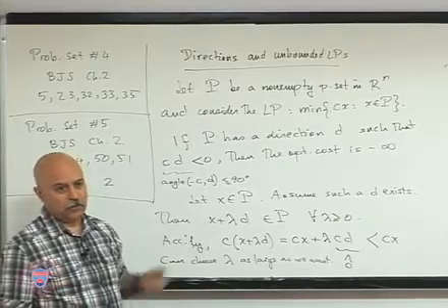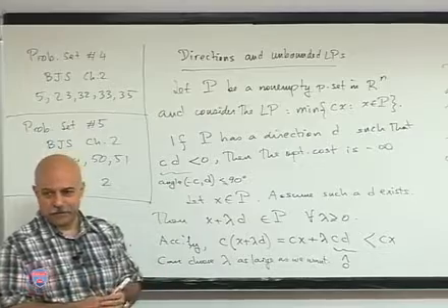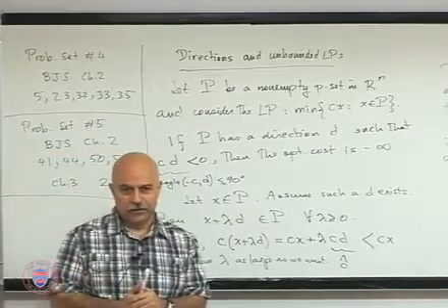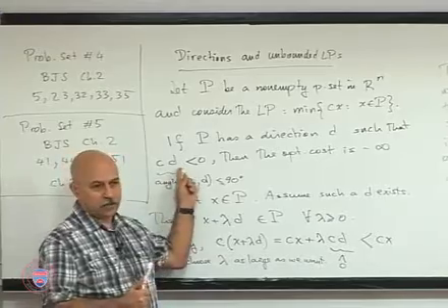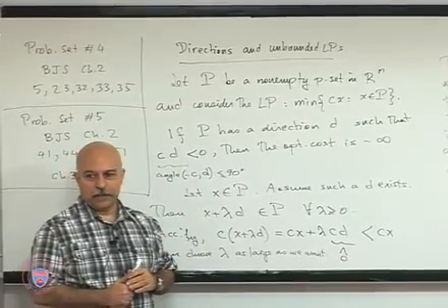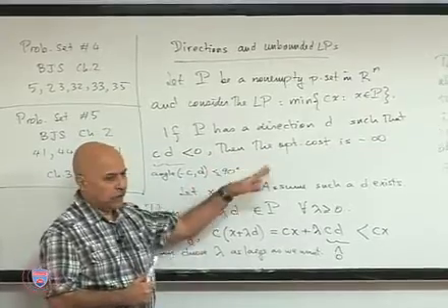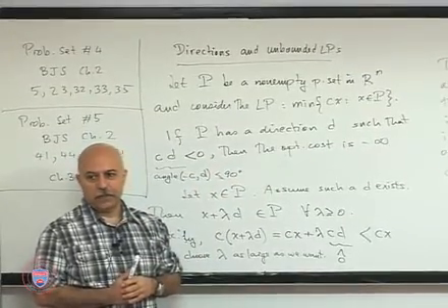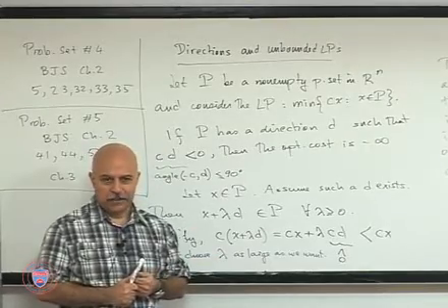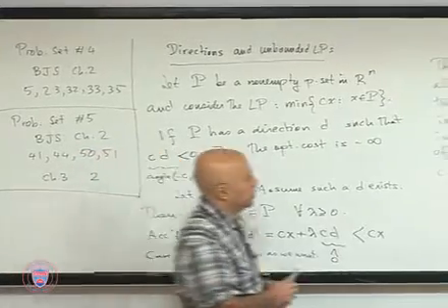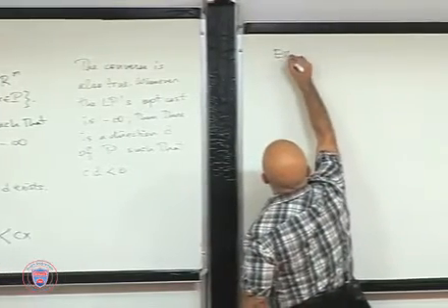So you want to be able to do this using a finite set of directions rather than infinitely many directions. It turns out that there's a subset of the directions of any polyhedral set which actually accomplishes what we're trying to accomplish here. And what subset is that? That's the set of extreme directions, which I haven't defined yet, but that's what we're going to do now. So let's talk about extreme directions.